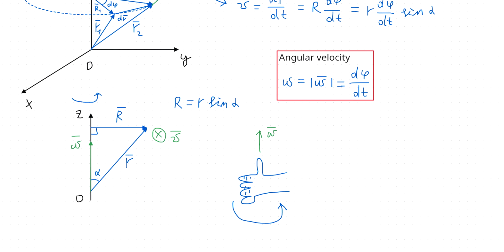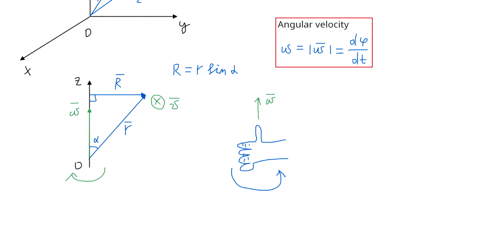And it is necessary to say that if we have another direction of rotation, for example this, we will get another direction of omega according to the right hand rule.